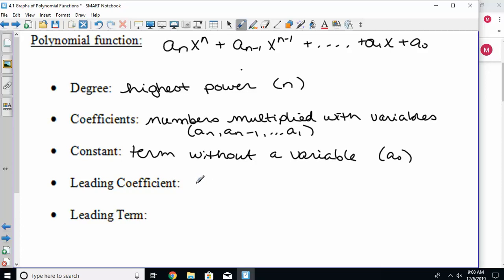The leading coefficient. What's the dot, dot, dot? Oh, there could be lots of other terms in the middle. So the leading coefficient is the coefficient of the term with the highest power.